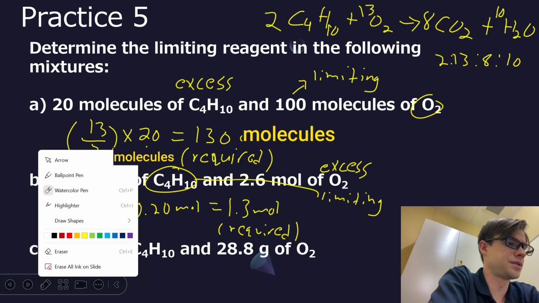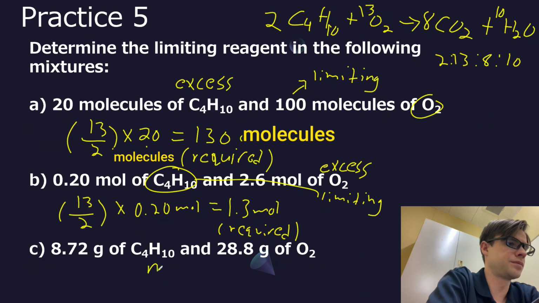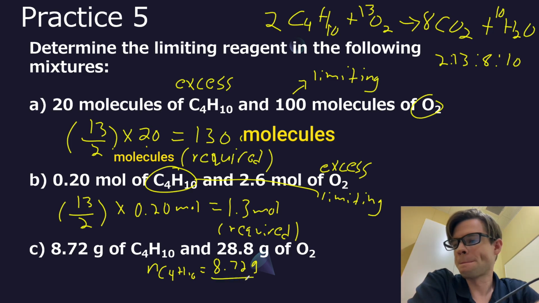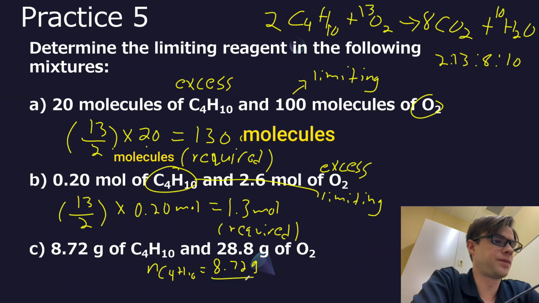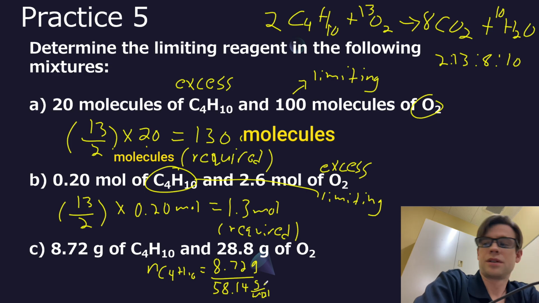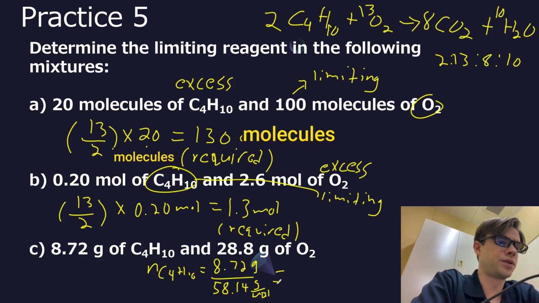So let's try moles of C4H10. 8.72 grams, divide it by the molar mass, which is about 58.14 gram per mole for C4H10. 4 carbons, 10 hydrogens. So that comes out to 0.15 mole of that.